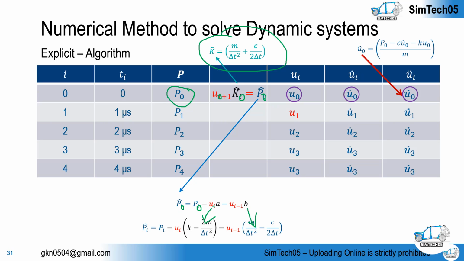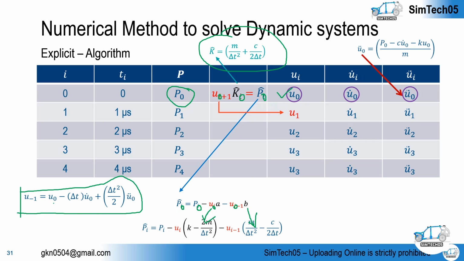Again, this U0, do we know? Yes, of course we know. How do we know? Because earlier we found U0 by initial boundary conditions. Then this A value we can find very easily. And again i equal to 0, and this becomes the u_(i-1) term. See, this u_(i-1) term is very important to populate the solution further, and we already found this u_(i-1) term in the previous slide, so it is already known to us.